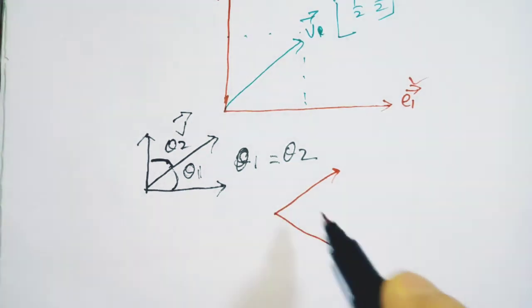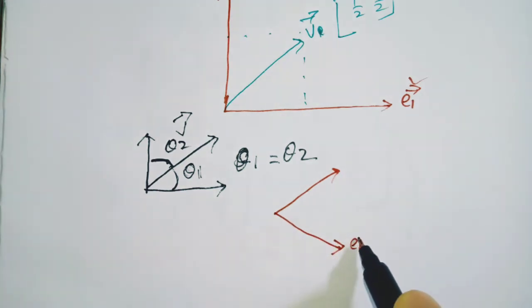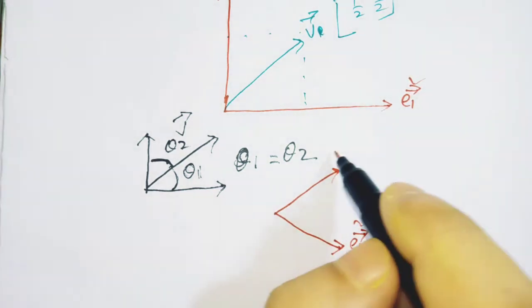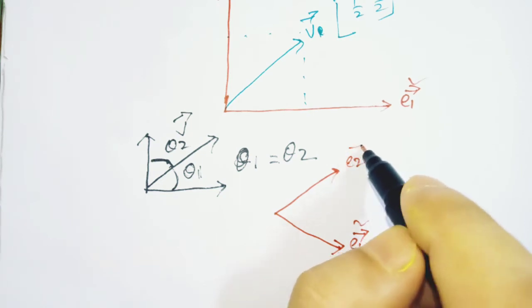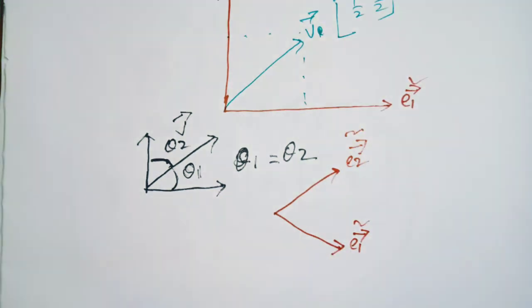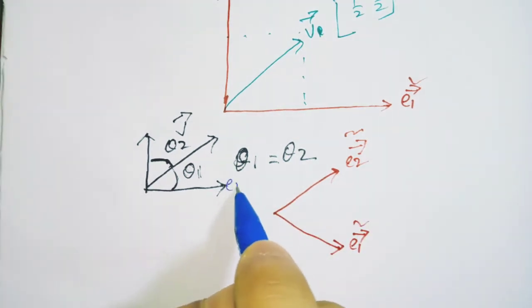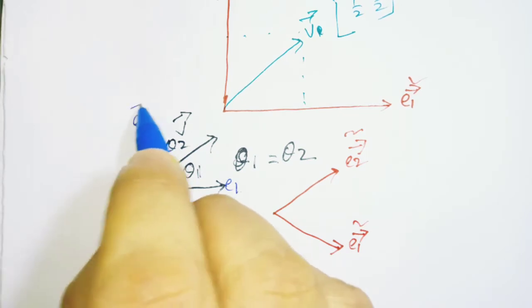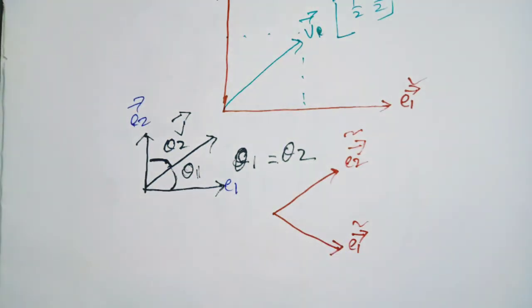If this one is E1, I can call it E1 tilde, and this one becomes E2 tilde. For your convenience, let me write E1 and E2 here also, so that it becomes clearer.